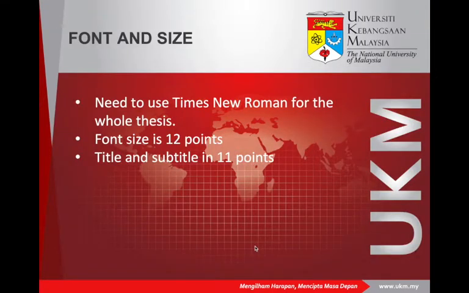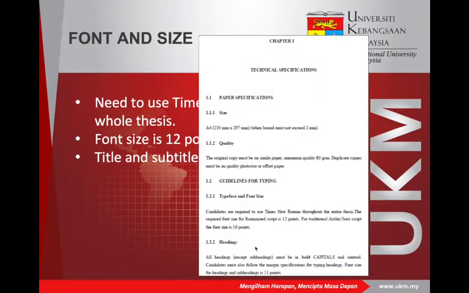Regarding font and size, you need to use Times New Roman for the whole thesis, and the font size should be 12 points. For title and subtitle, the font size should be 11 points. For example, here you could see that's chapter 1, the title of the chapter, and the first subheadings.